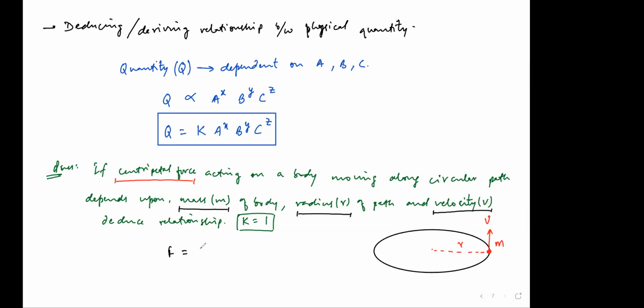On the basis of this, we can relate it as K m raised to the power x, r raised to the power y, and v raised to the power z. So on this information given in the question, we have just derived a relationship. Is it clear to everyone how I have derived this?